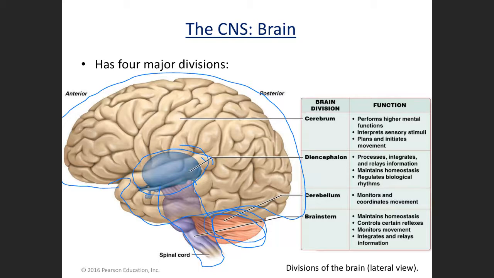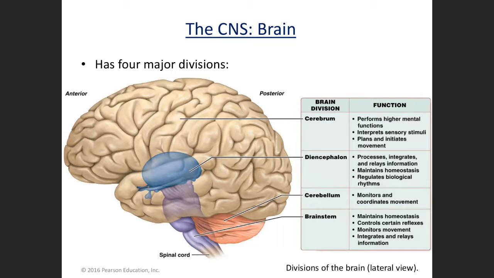Your diencephalon, that middle part there, is actually going to be in charge of other things. Here's where you're going to have your thalamus and your hypothalamus, which are the big bosses. So they're going to be in charge of maintaining homeostasis throughout the body. They're going to regulate biological rhythms, process, and integrate information.